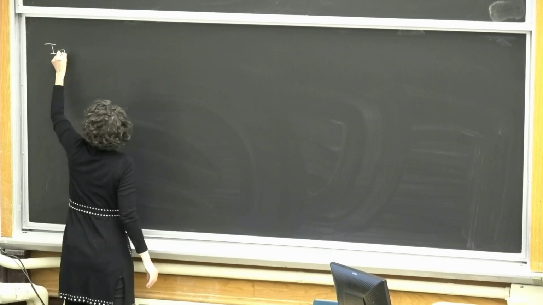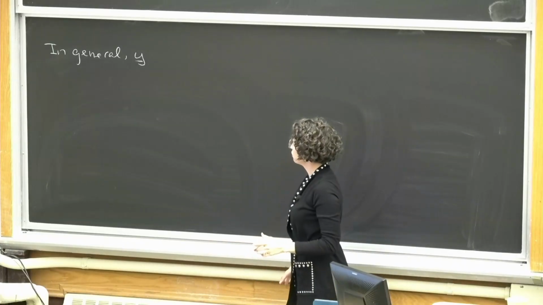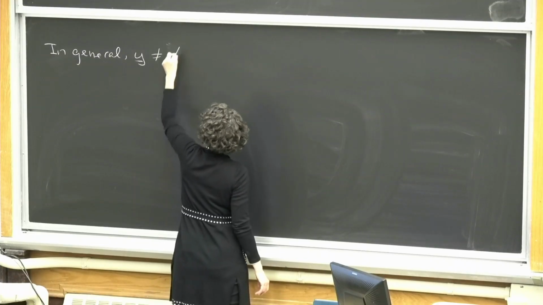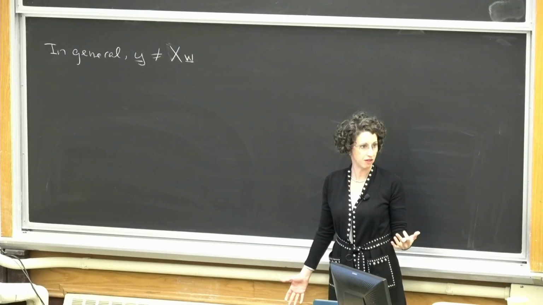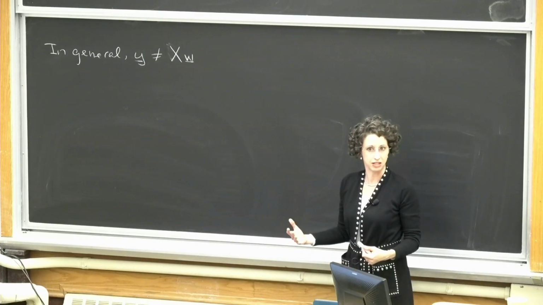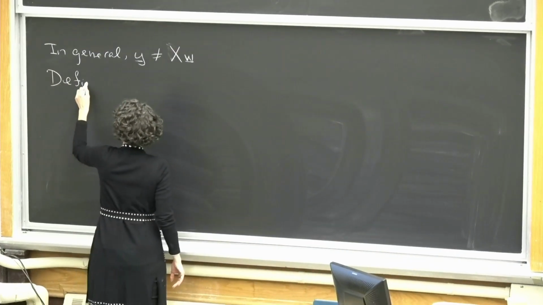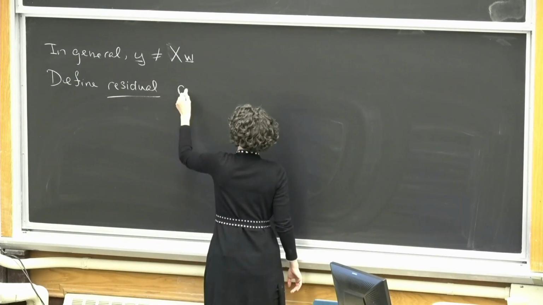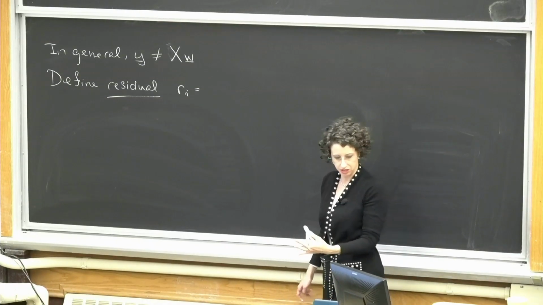So in general, the labels that we actually observe for our training data are not going to be exactly equal to what we are able to predict with our weight vector. No matter how good our weight vector is, data has errors and noise, and so we aren't going to be able to get an exact fit in general. And so we are going to define the residual Ri as simply being the difference between the training label and the predicted label.